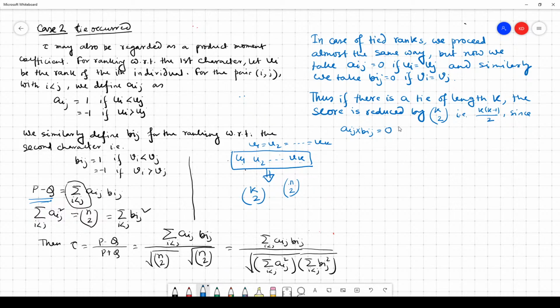And this tie may occur in judge 1, by the same argument in judge 2, or both.